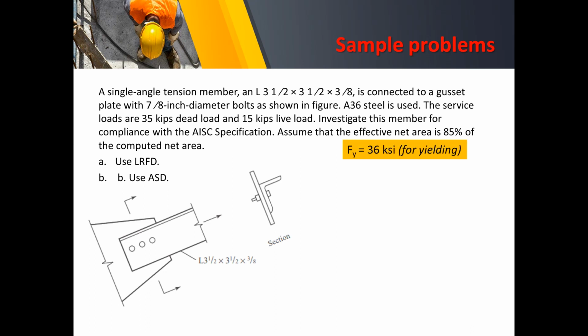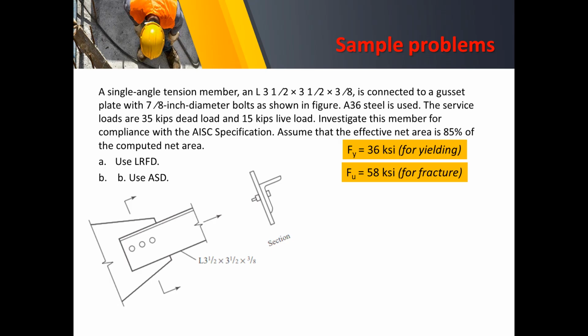A36 still has Fy of 36 ksi, and Fu for fracture equal to 58 ksi.